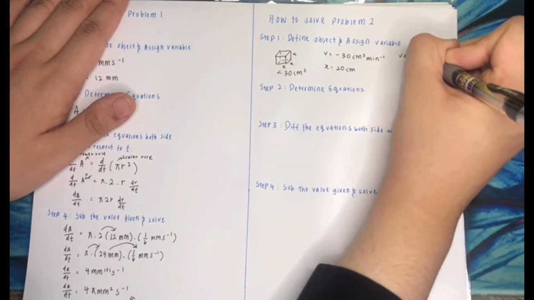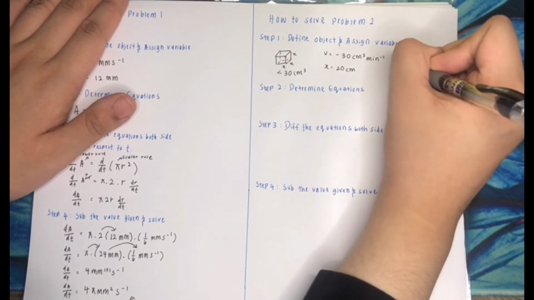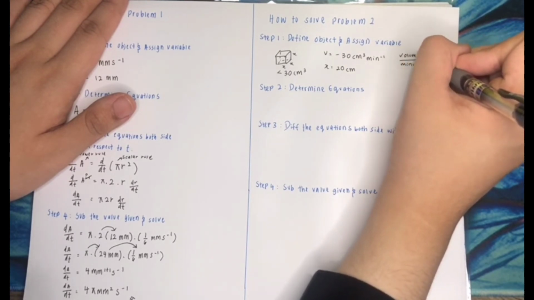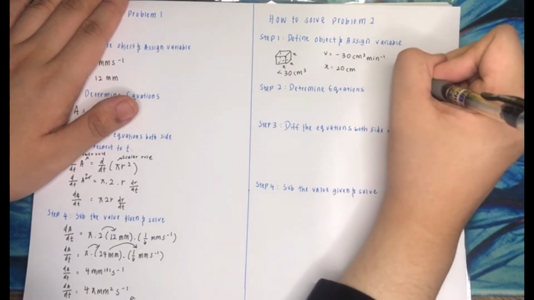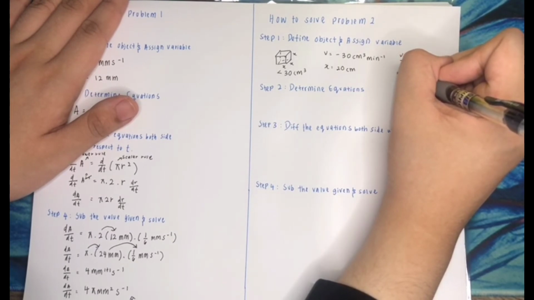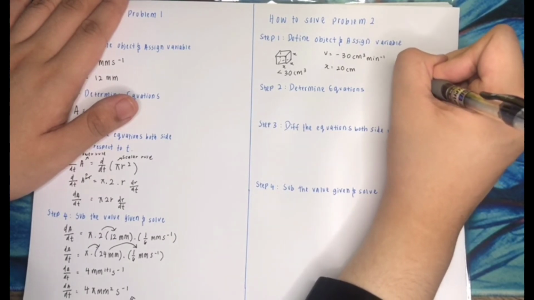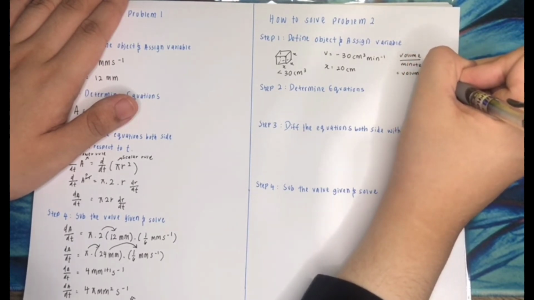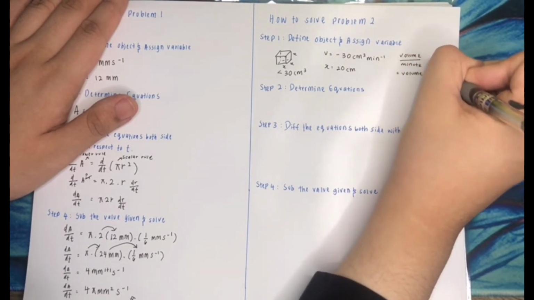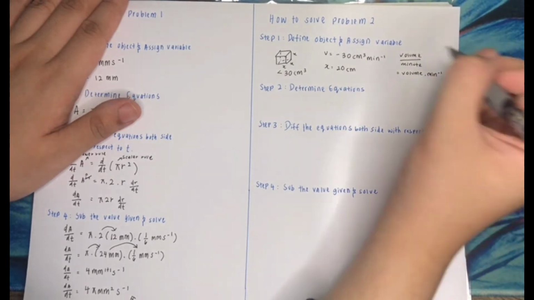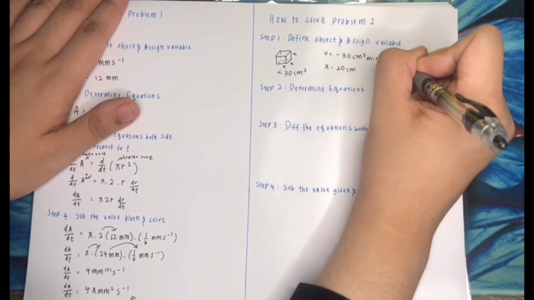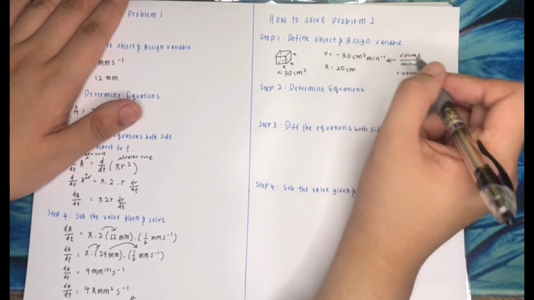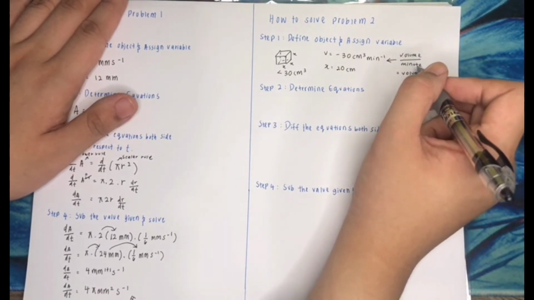The volume is per minute, so we need the power of negative 1.